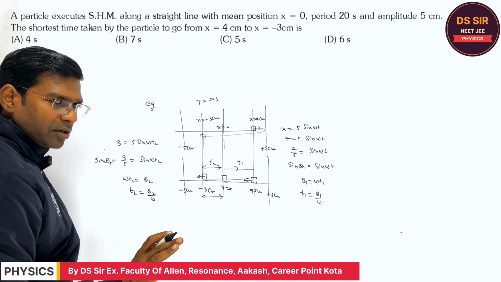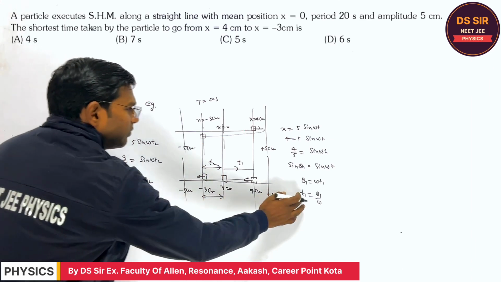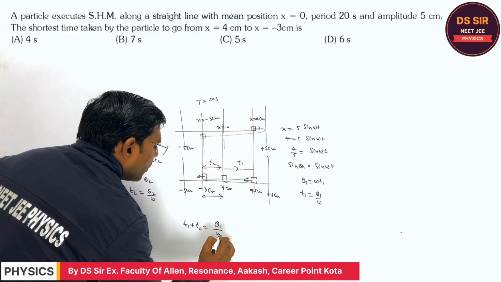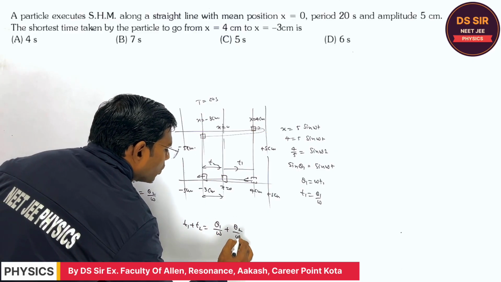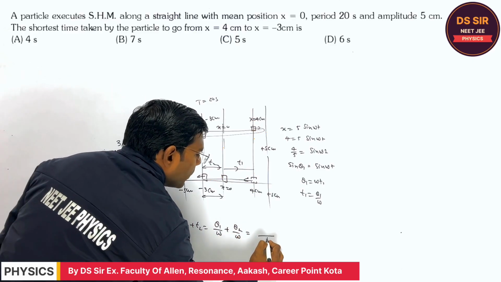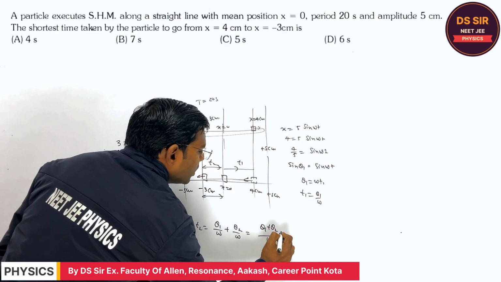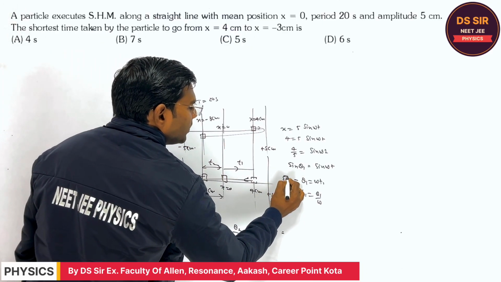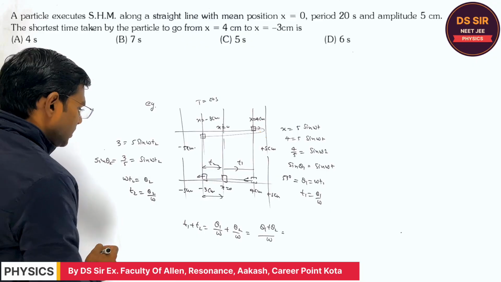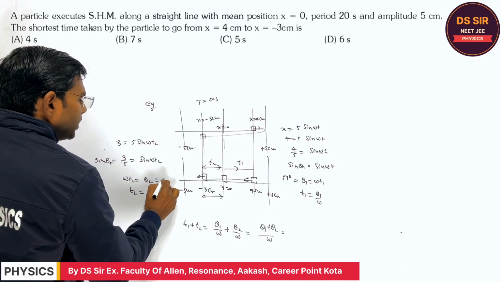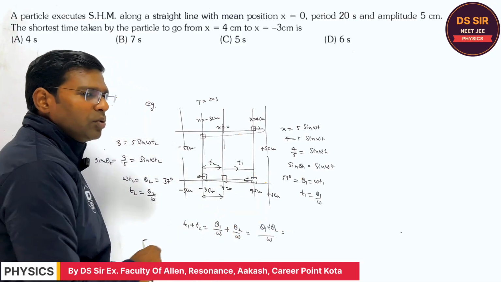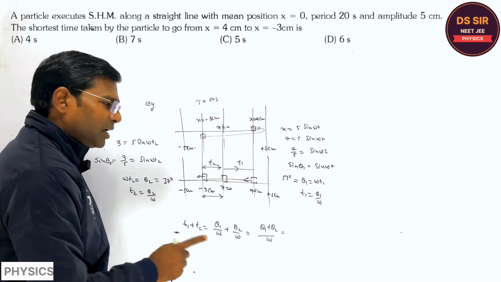Are you getting or not? So this is t1 and this is t2. So what is the total time? t1 plus t2 is theta 1 plus theta 2 upon omega. Tell me, what was theta 1? Say 53 degree. What is theta 2? It is 37 degree. So theta 1 plus theta 2, how much is it? 90 degree.